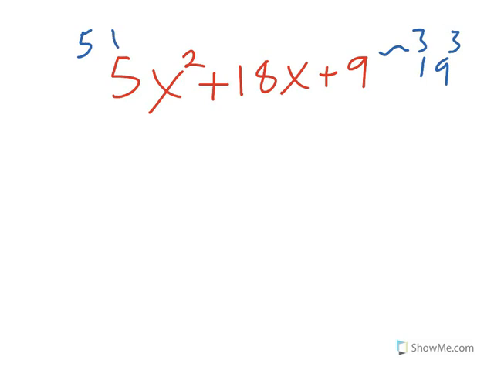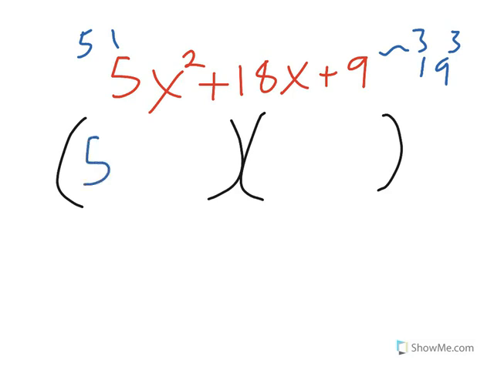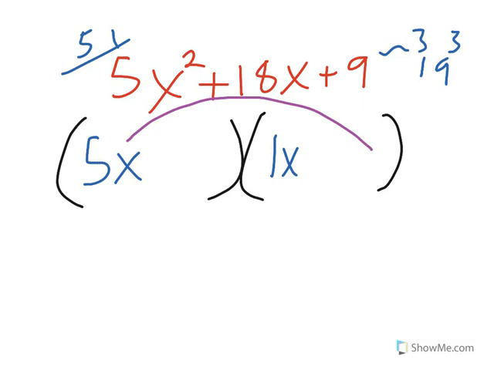Alright, so I'm going to break it into two sets of parentheses. And automatically, this is going to be 5x and 1x. That's not going to change at all because 5 is prime. So now I just got to figure out which one I'm going to use. I'm going to be multiplying here and here.